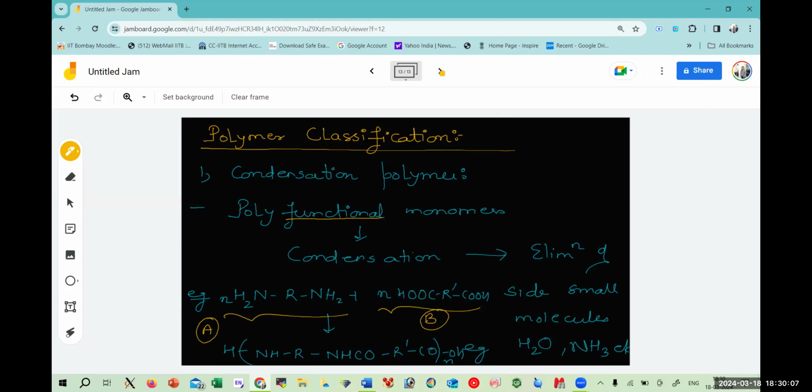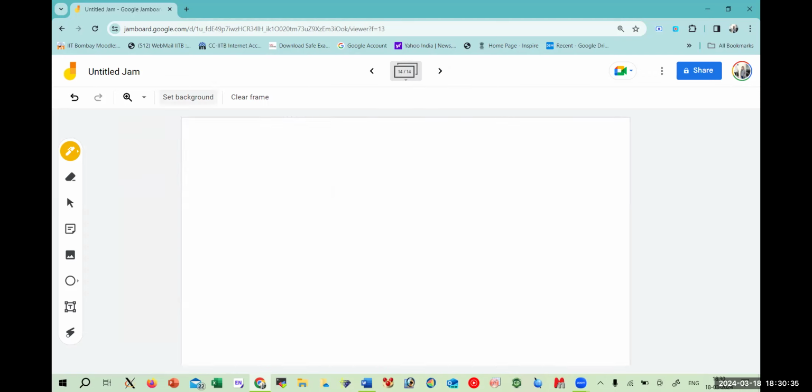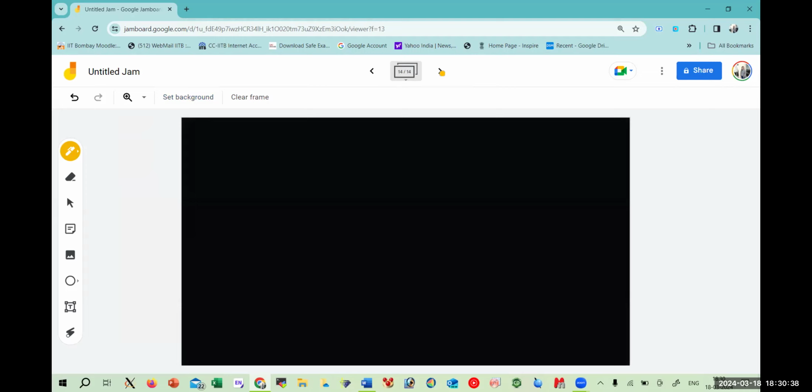Now after condensation, if NH is like this way, and we have OH and C double bond O, so this will combine to lose the water, and therefore we get NHCO like this way, right? So this is your condensation polymer.